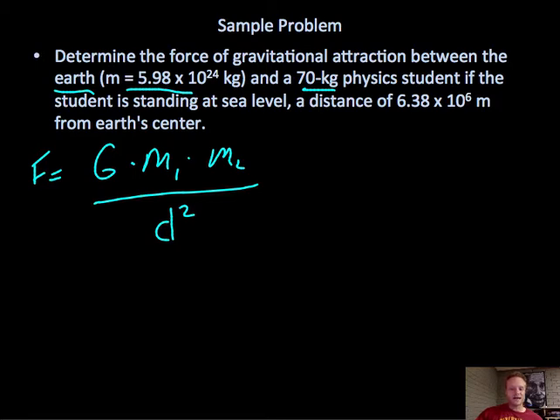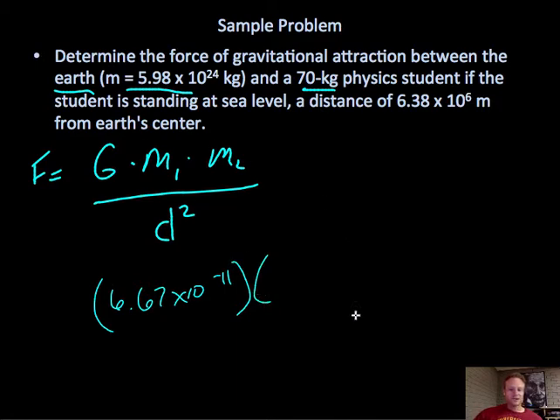I have all the numbers I need to plug in to figure out what F is. My G is 6.67 times 10 to the negative 11th, and I'm going to keep the units out so it stays a little cleaner.